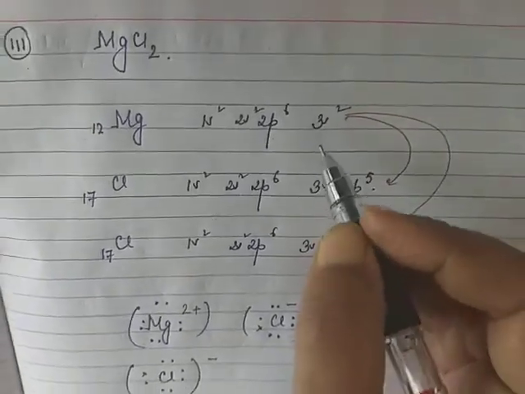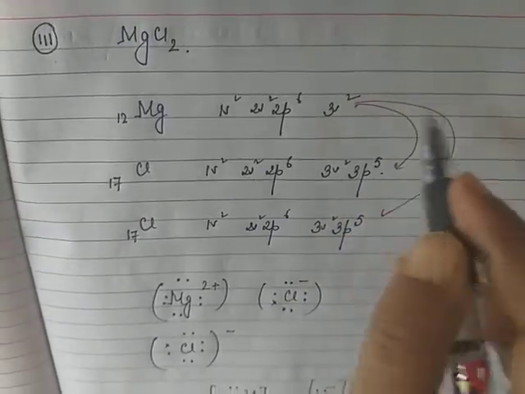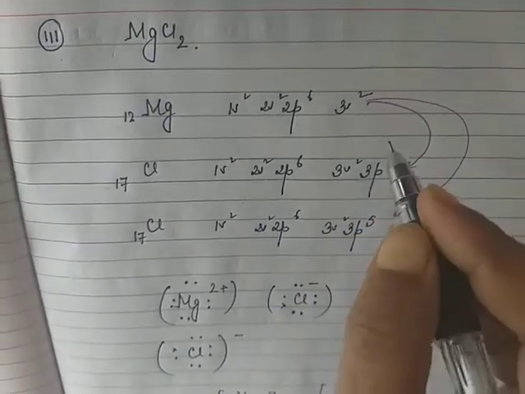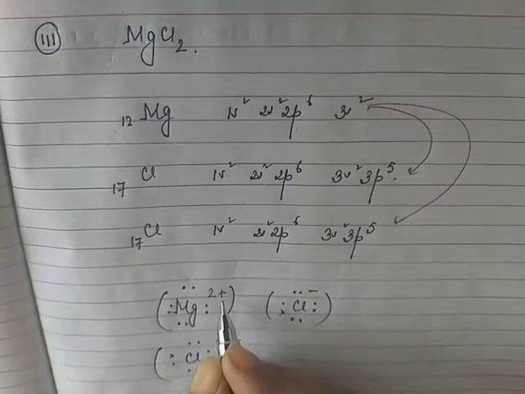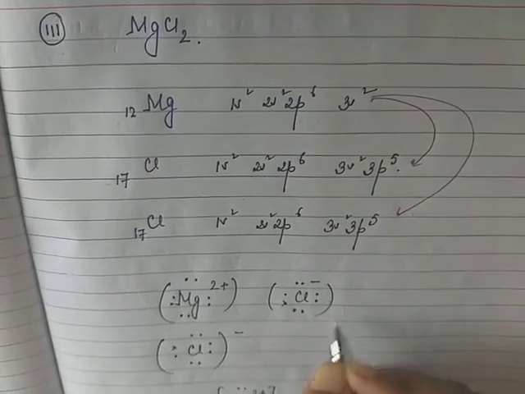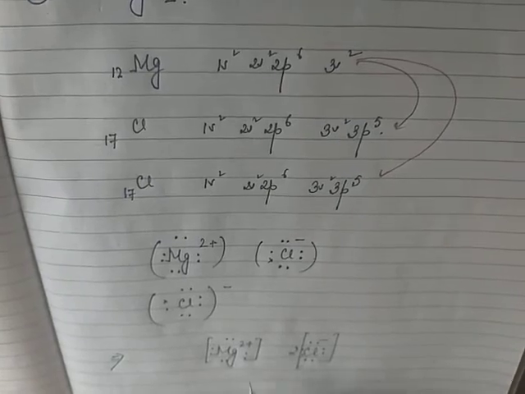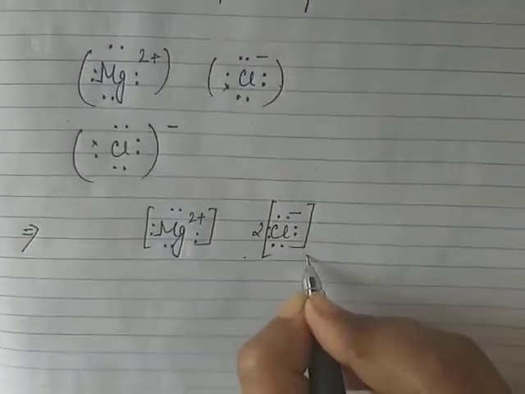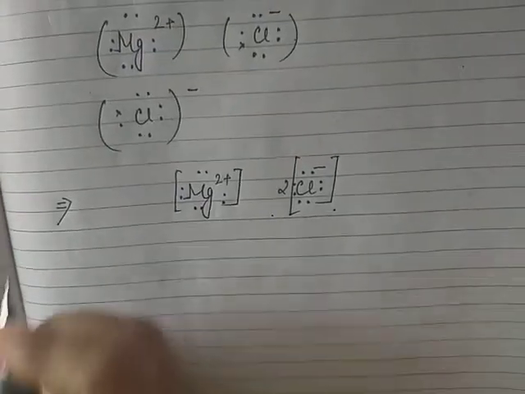So for every magnesium, we require 2 Cl to accept 2 electrons, and hence it forms Mg2+ by the loss of 2 electrons, and 2Cl- for the gain of electrons. So finally it forms a magnesium ion and two chloride ions. This is how magnesium chloride is formed.